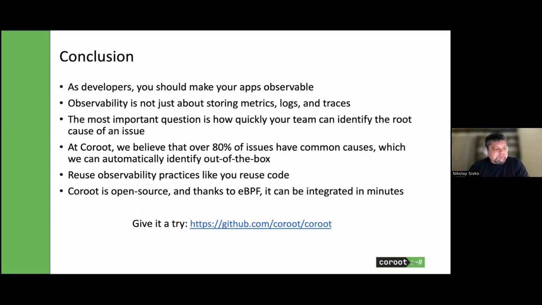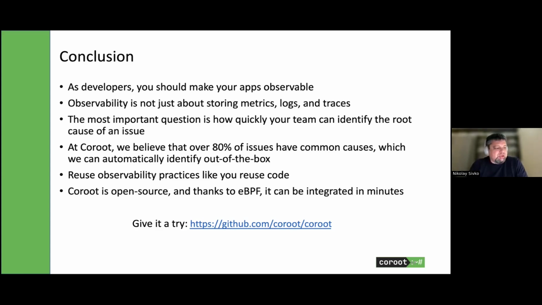My takeaways from this talk: we should make our applications observable, because if we have to deal with many services, at some point it can be unreal to find the root cause manually. We should write application logs. We should instrument our applications with OpenTelemetry.